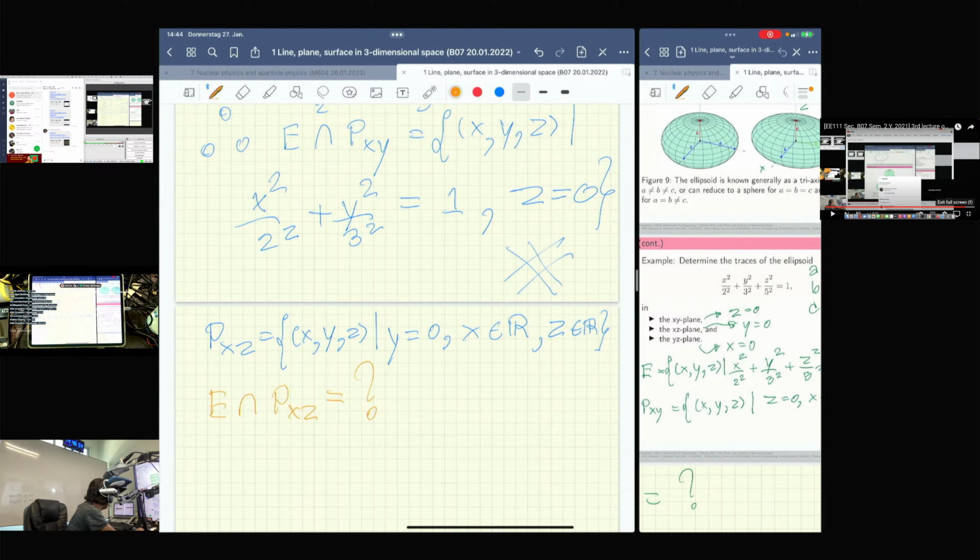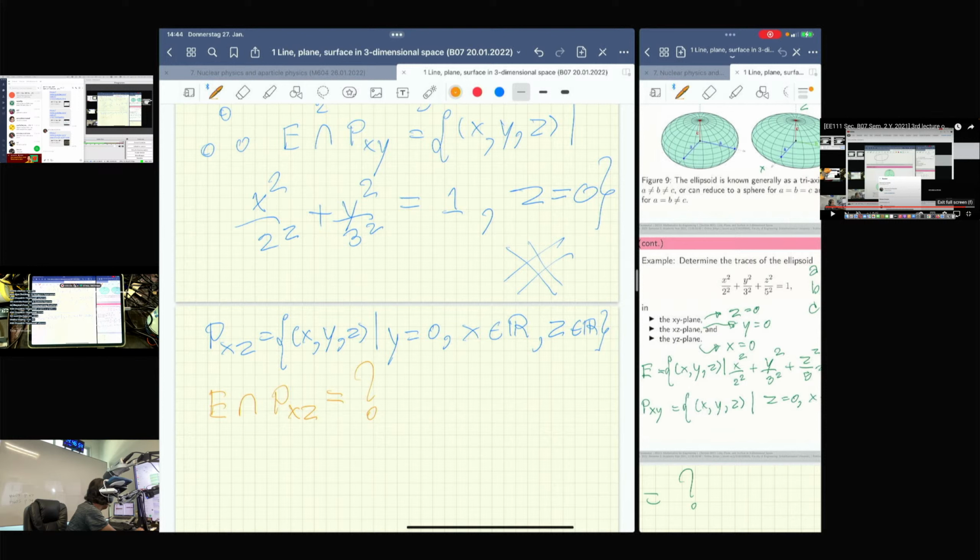And of course the second term will disappear. You would not see the second term anymore, y disappears, and we're going to have x squared by 2 squared plus z squared by 5 squared equal to 1. So now we have this as the final result.